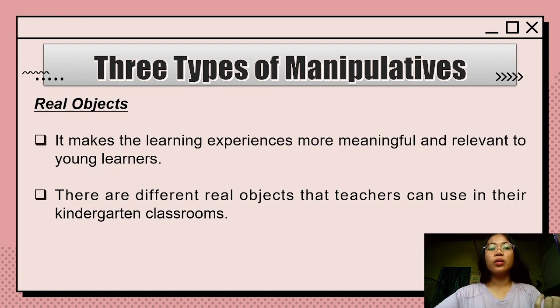They will learn how to manipulate those things na binibigay or pinapakita sa kanila ng teacher, by means of sila mismo gagawin nila yung gusto nilang gawin dun sa bagay.